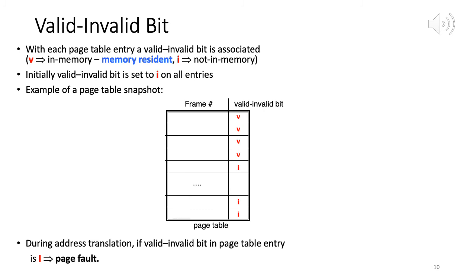Whatever is in that page, we have to execute it, but the page is not in memory, so what do we do? We have to bring the page into memory from the disk. This event, in which the page we need is not in memory, is called a page fault.